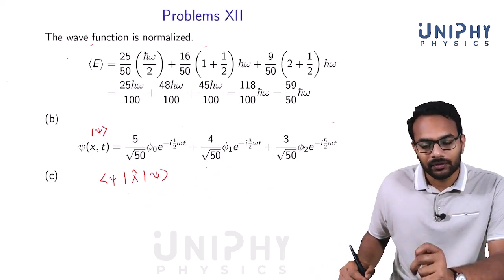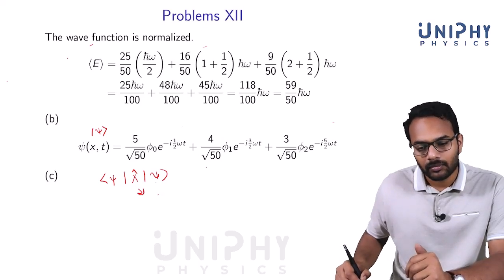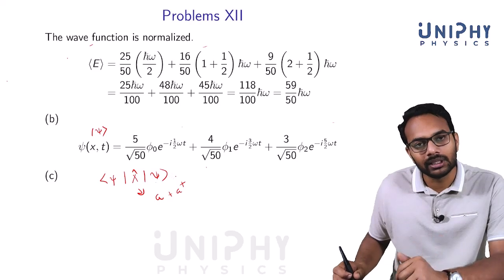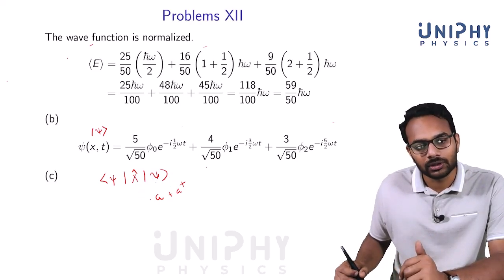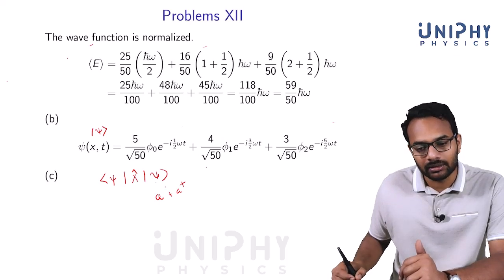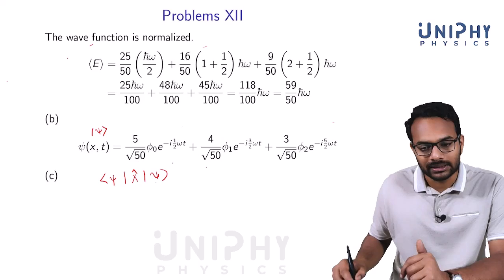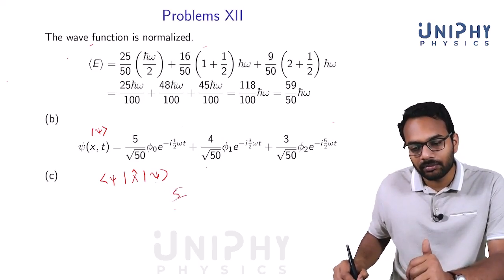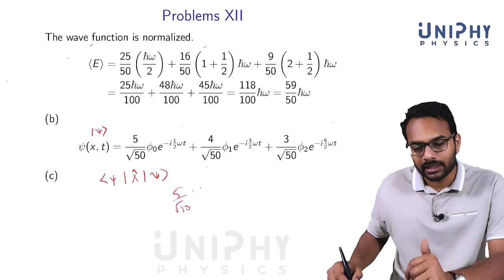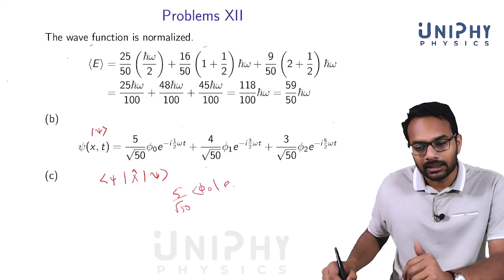Before that, you can write x in terms of A and A dagger and take out only the non-zero terms. I'll give you an example. When you expand this, you will get a term of the form 5 by square root of 50 multiplied by phi 0, e raised to minus i half omega t.